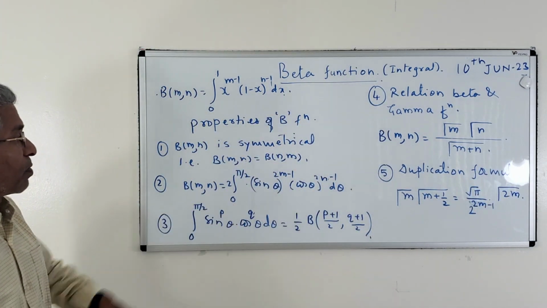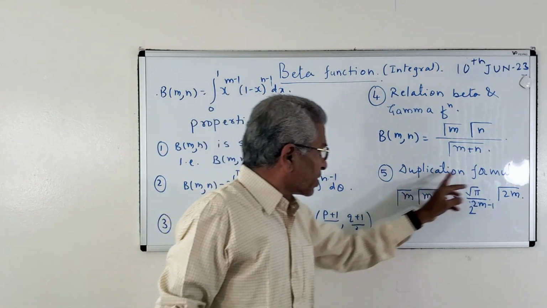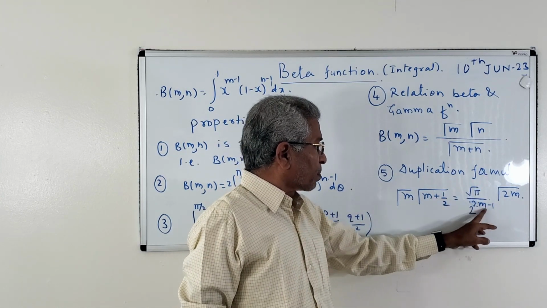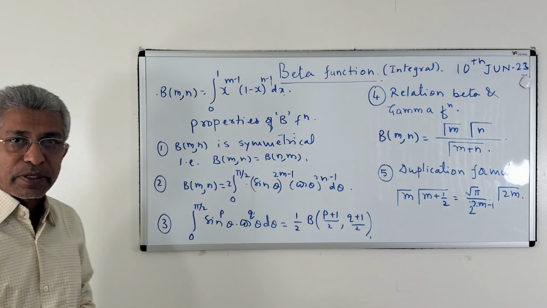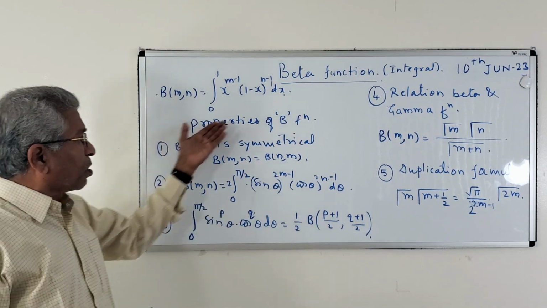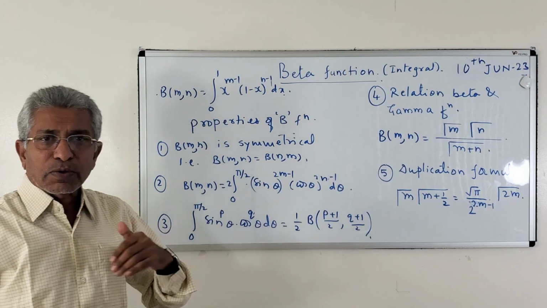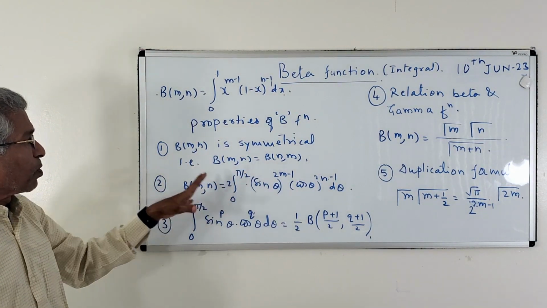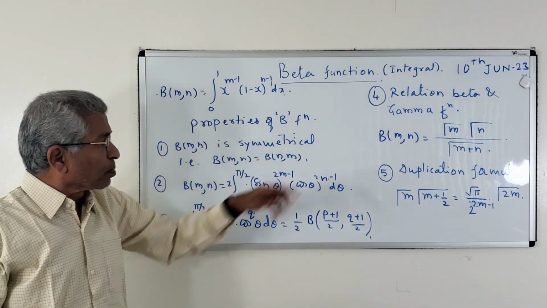Again another useful and very important property from beta function, the duplication formula. Now here it is in gamma only. So these are the useful properties of beta function. Using these properties you can just solve, no need to prove all these properties. We just use them to solve numerical problems. So this is all about the definition of beta function and also some properties.